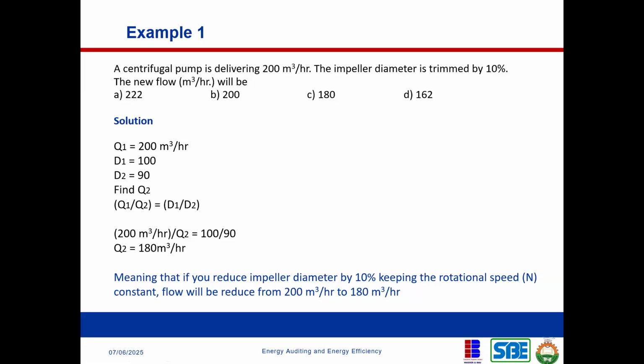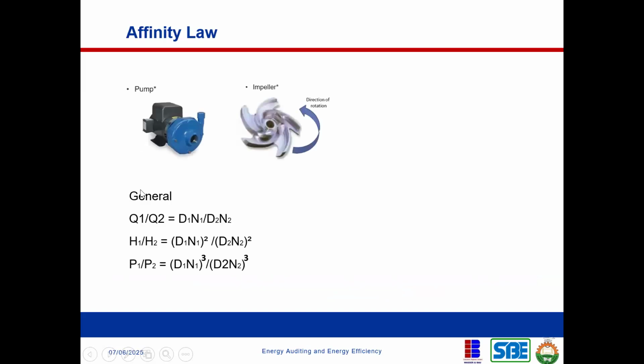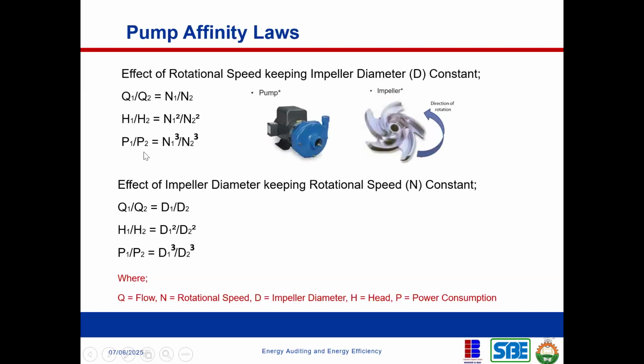What are we looking for? We are looking for Q2, the new or adjusted flow rate. Once we identify this, we can look for the formula that connects Q1, D1, D2, and Q2. So we can go back to the formulas that we had. The first one is for the rotational speed.